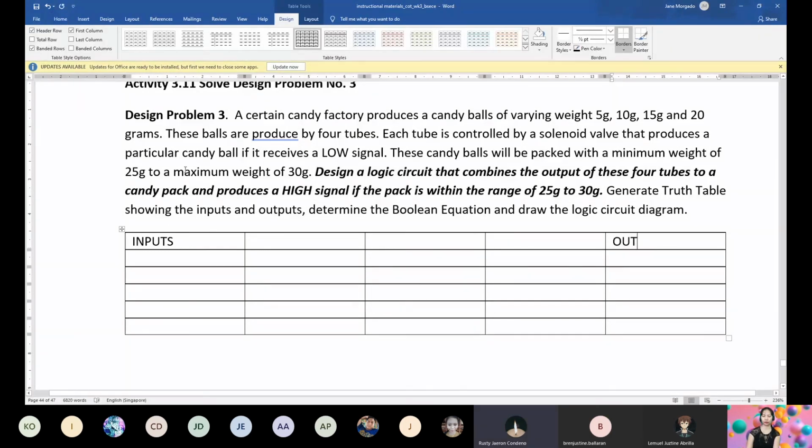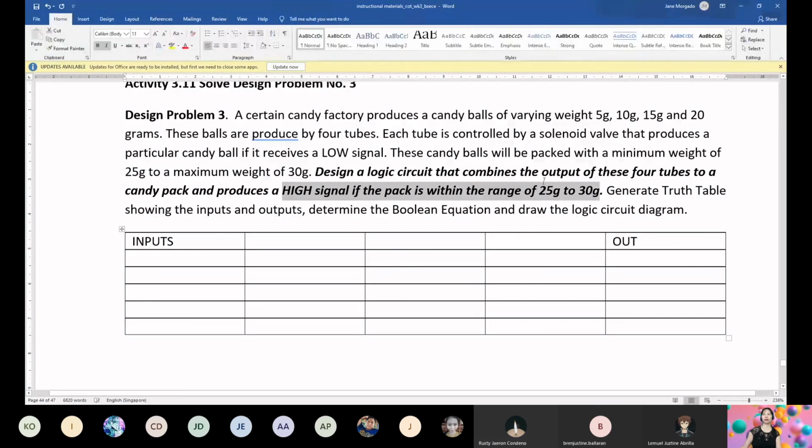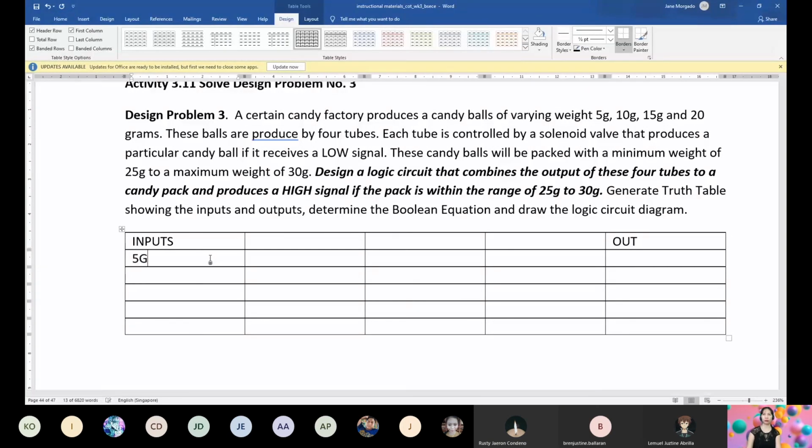Okay? 1. Ang ipoproduce niya is a high signal if the pack is within a range of 25 to 30 grams. You have 4 inputs. So we have 5 grams, we have 10 grams, we have 15 grams, and 20 grams. Tama ba?